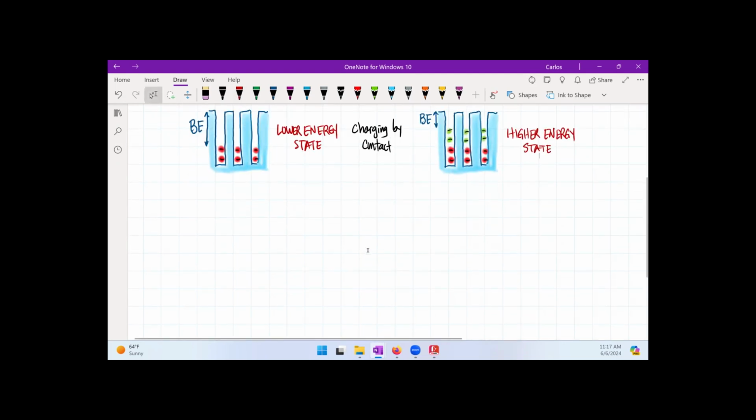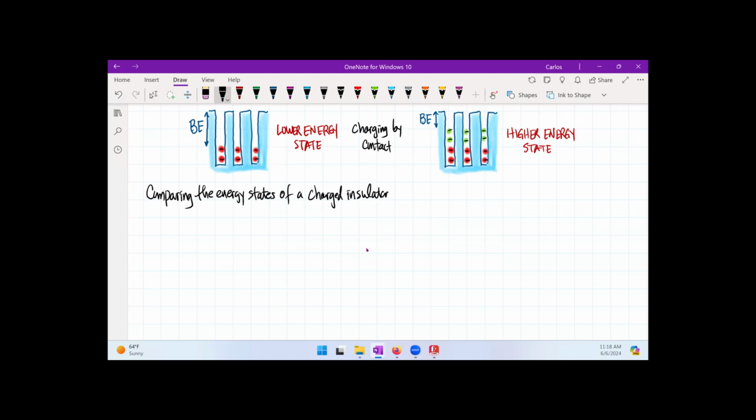Now, we have to compare the energy states of a charged insulator and an isolated conductor.